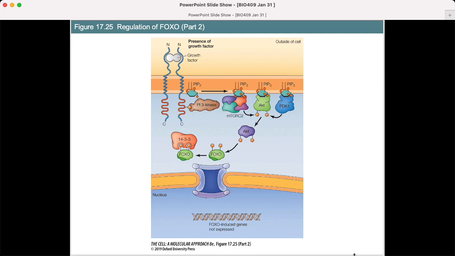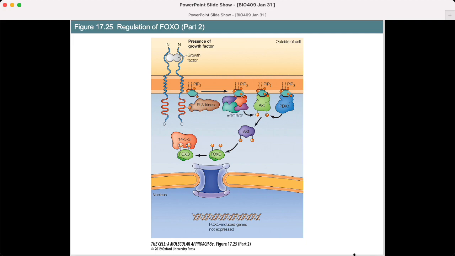The cellular responses fit into 2 big categories. They either affect gene expression, and those are called genomic responses, or they don't affect gene expression. Those are called non-genomic responses. Here's an example of a non-genomic response we'll learn about in chapter 17. The function that you know of insulin is this.